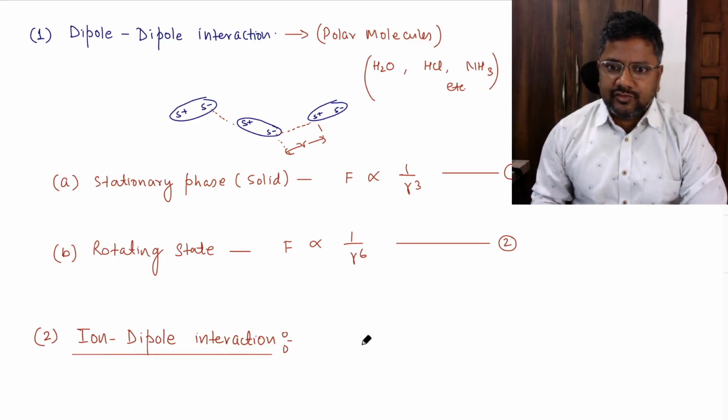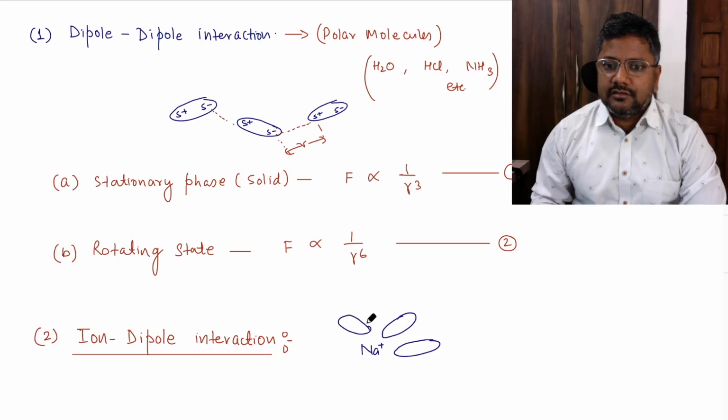So suppose that this Na plus is there, with delta negative, delta negative, delta negative, delta negative around it.